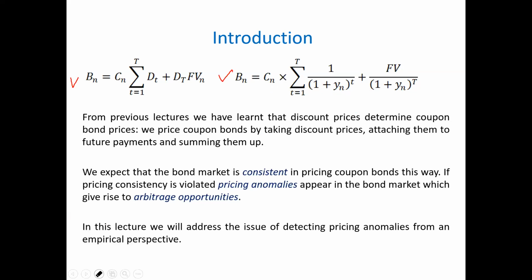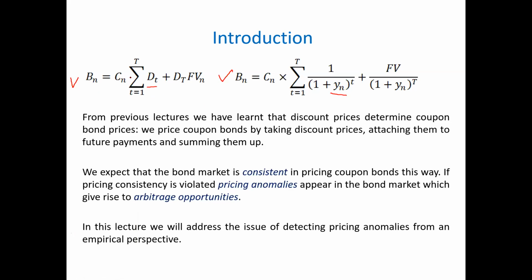So we can say that this is our basic building block for the nonlinear approach. And if you look here, then we can say that here the basic building block is the discount price, because if we know the discount price, actually a set of discount prices, then we can easily calculate the coupon bond's price.